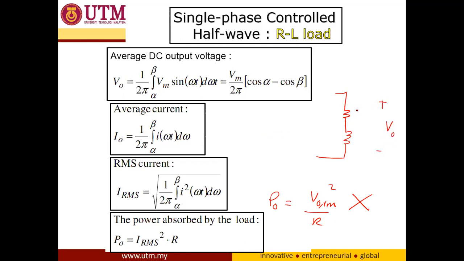This is V out, while we only want the power absorbed by R. So if you want to use this, you need to calculate the V across the resistor. Then this is correct. If you use V out over R, this one is incorrect. That's why in engineering, we prefer to use this one.